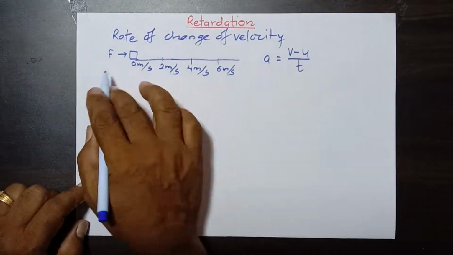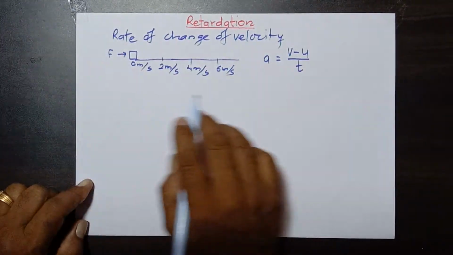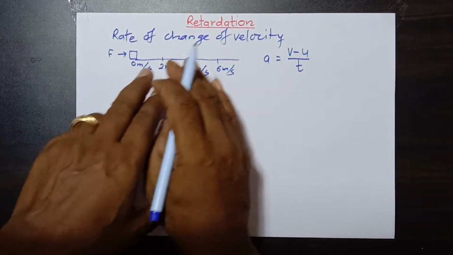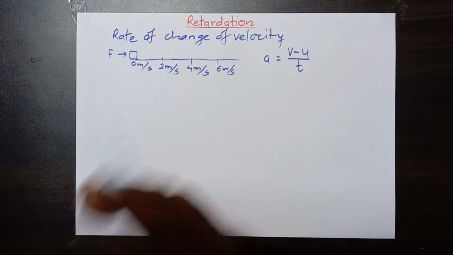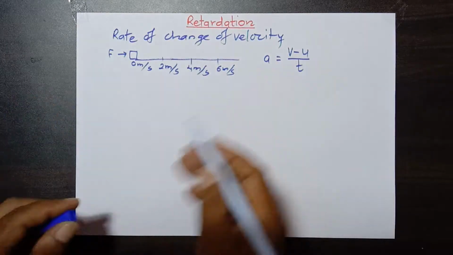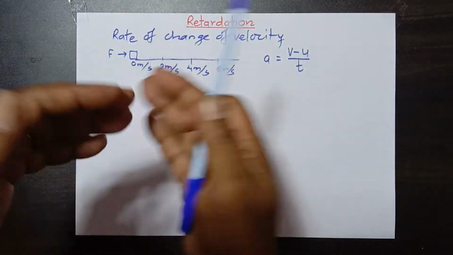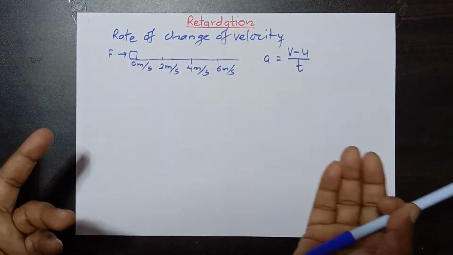V represents final velocity, u represents initial velocity, and t represents the time to gain that much velocity from initial to final. The change of velocity in 1 second, or 1 unit time, is taken as acceleration.